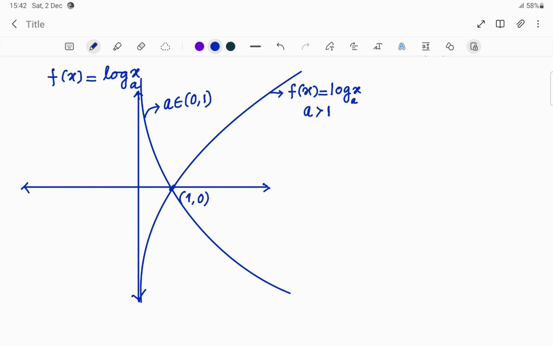When base value is more than 1, you can see it is increasing function. When base value is between 0 to 1, it is decreasing function.